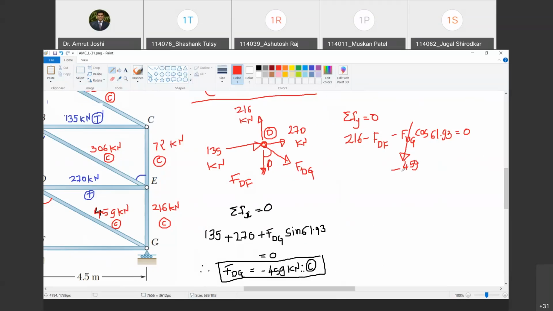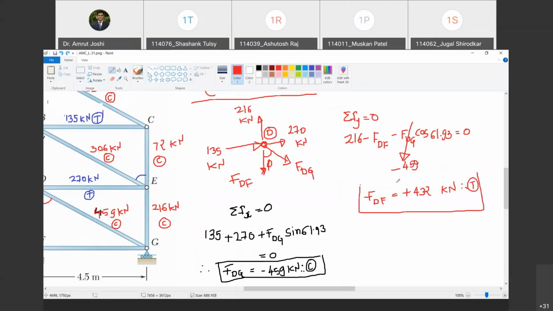So it turns out to be 432. Tell me if it is right. Yes, sir. FDF turns out to be plus 432 kilonewton. And as it is positive, therefore it is tensile. Happy? Yes, sir.